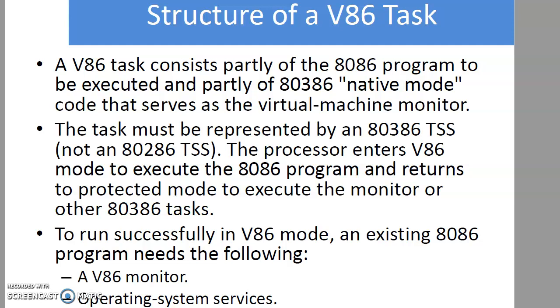When it wants to execute the virtual 86 monitor or some other 80386 task, it goes into protected mode. So continuously there is switching from virtual 86 mode to protected mode. When it is executing in virtual 86 mode, the VM bit will be set to 1. When it switches to protected mode, the VM bit will be set to 0. So continuously the VM bit is set and reset whenever there is a change of mode.